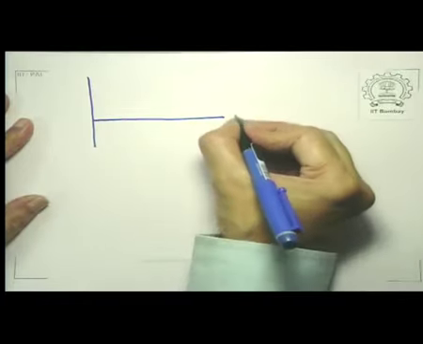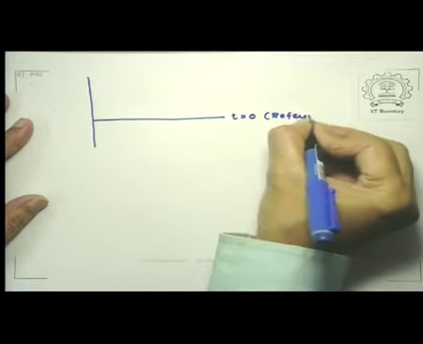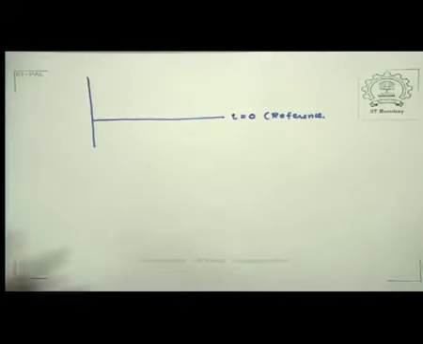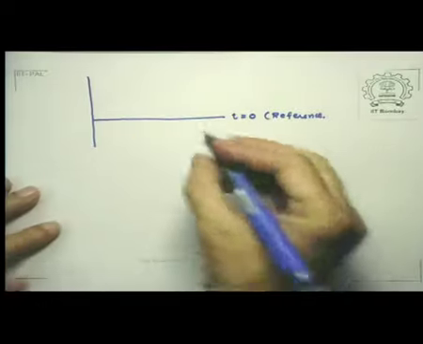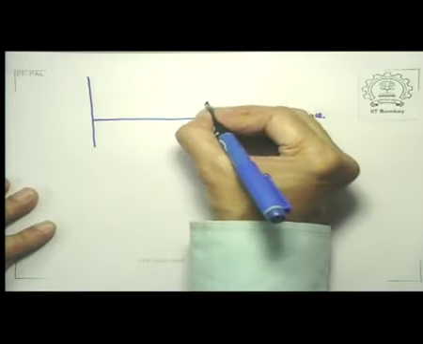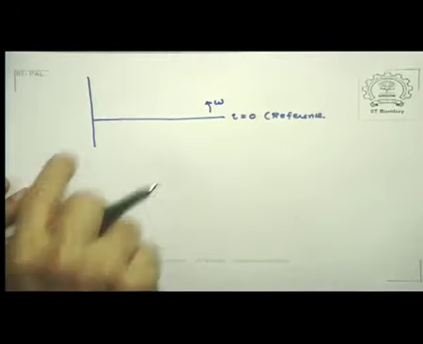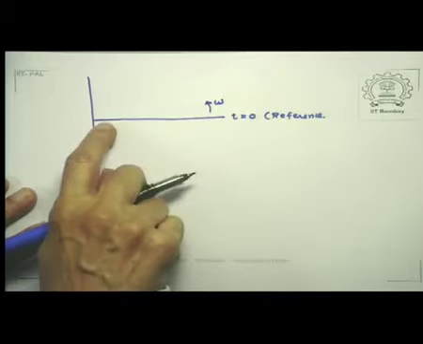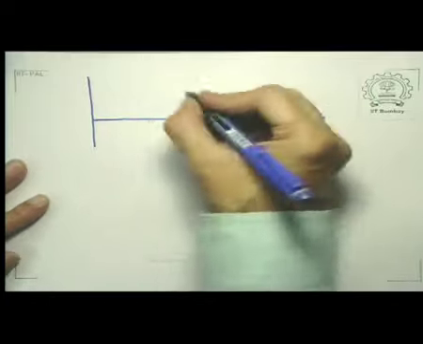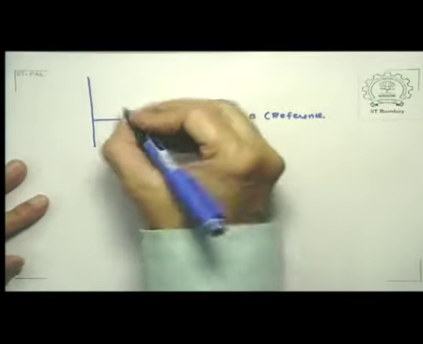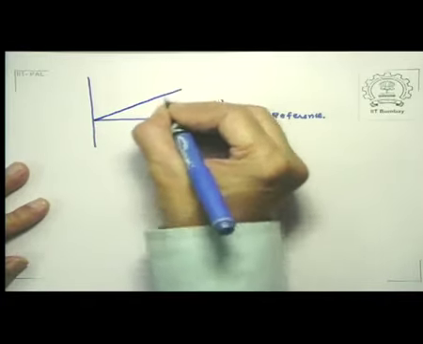So this is t equal to 0 reference. And what we have said is that at a time t, because this phasor is rotating with an angular velocity omega, the phasor for the voltage, which was initially aligned along the t equal to 0 x-axis, points in a direction which makes an angle omega t with the x-axis. So let us draw this. This is omega t.